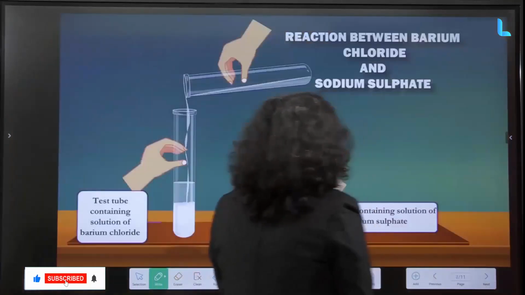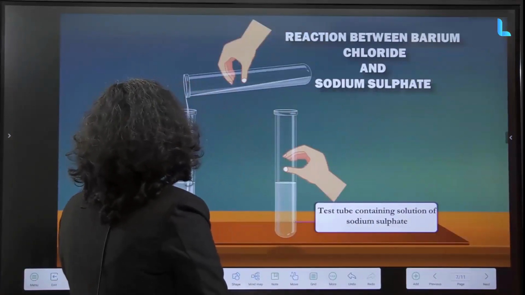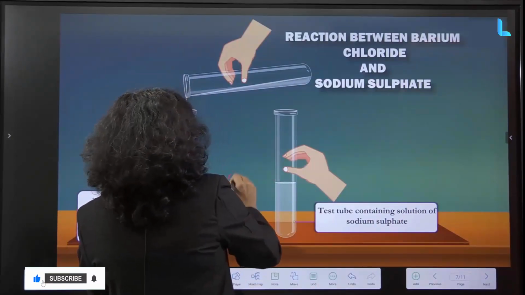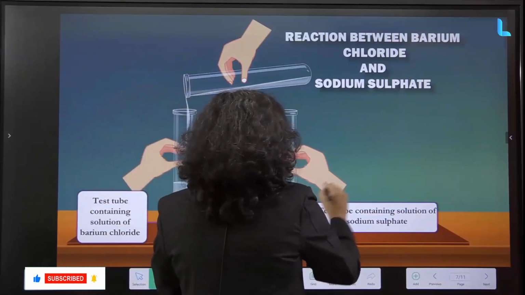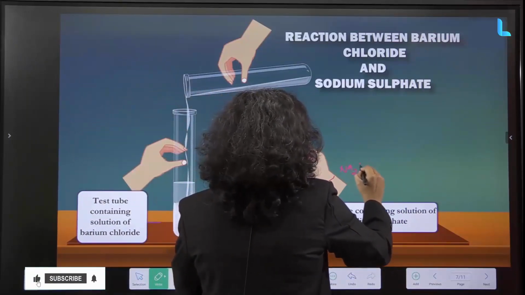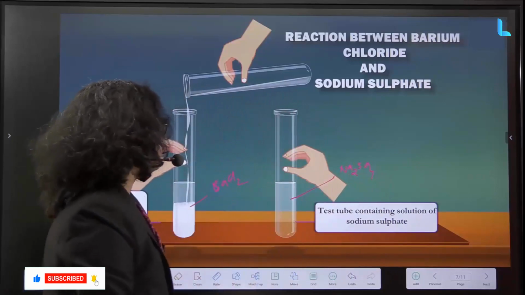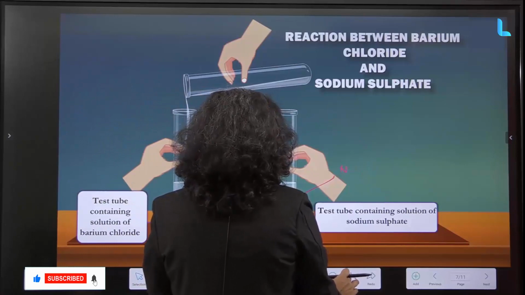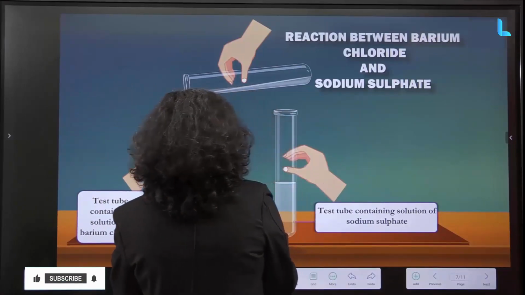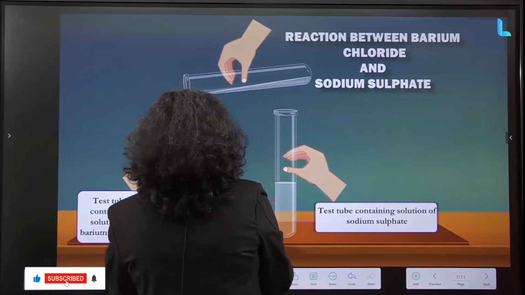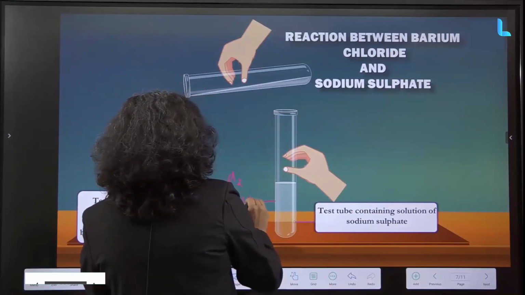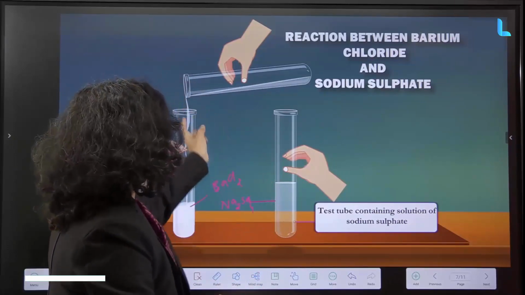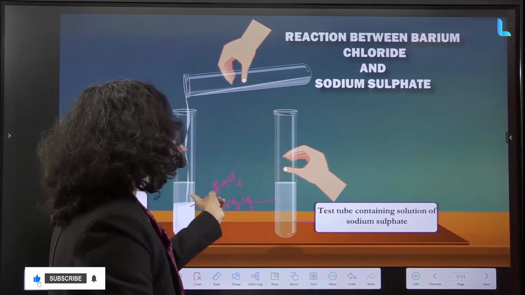Okay, let's see now what is happening. In one test tube, what has been taken? Here barium chloride, BaCl2. Here it is sodium sulfate. When barium chloride and sodium sulfate combine, what are you getting? I'll write on this side so it will not cross over. Fine. So, barium chloride and sodium sulfate, when they are mixed together, this test tube is mixed into this.